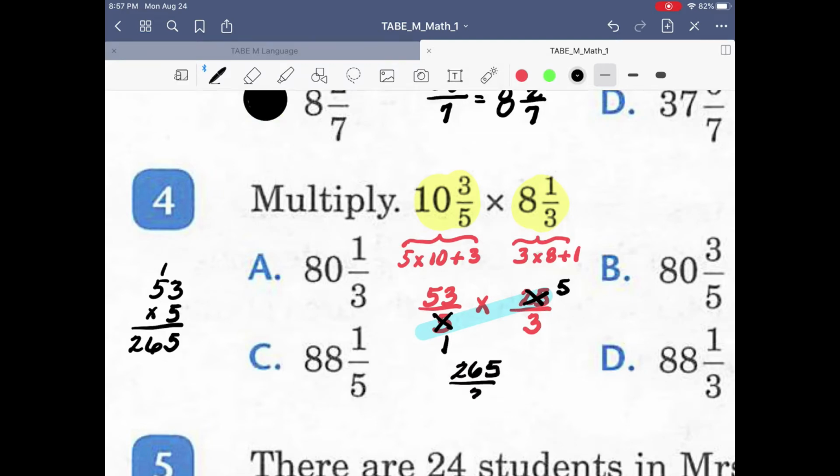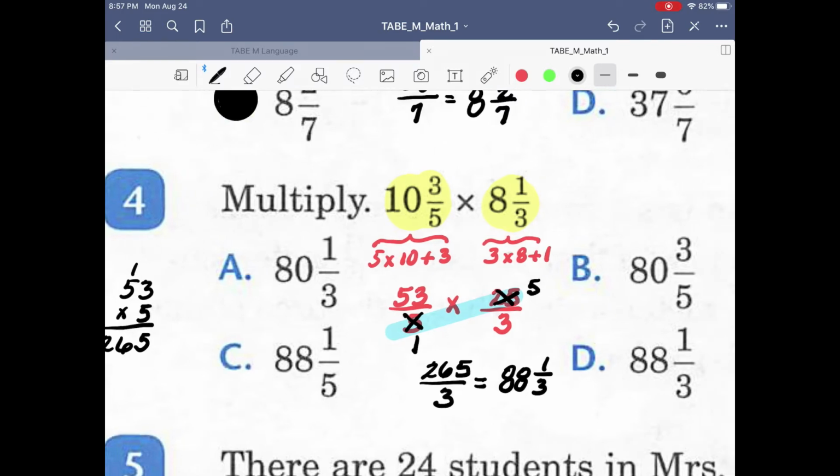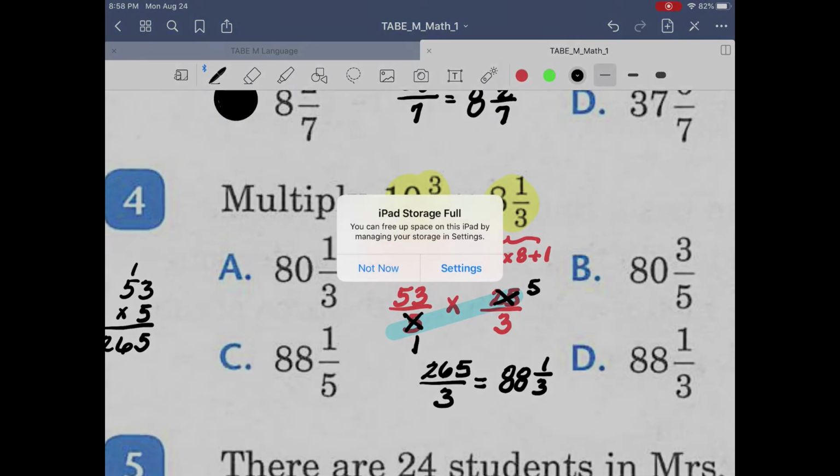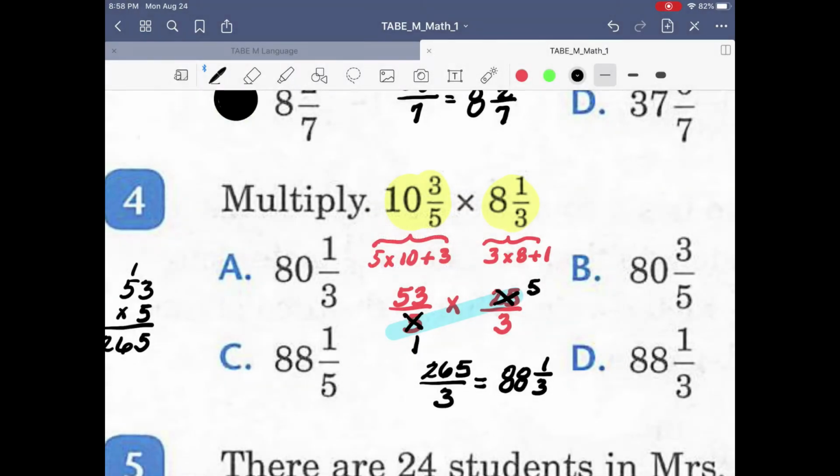And then a 3 on the bottom. 265 divided by 3 is going to go 88, and 1 left over third. I'm liking answer D for number 4. 88 and 1/3 right there.